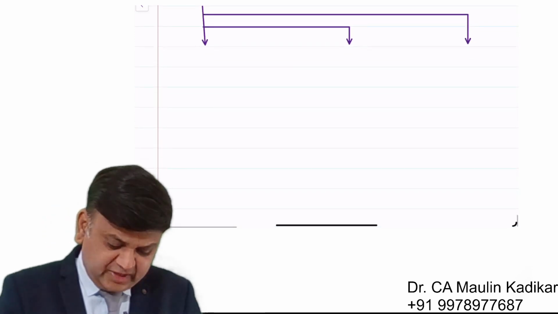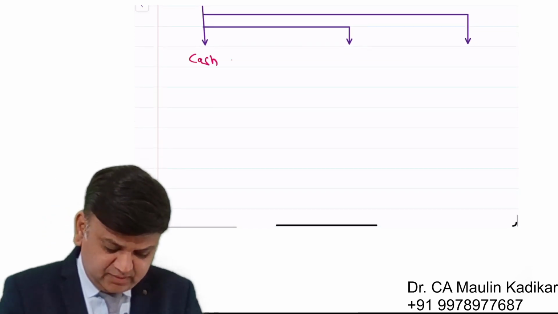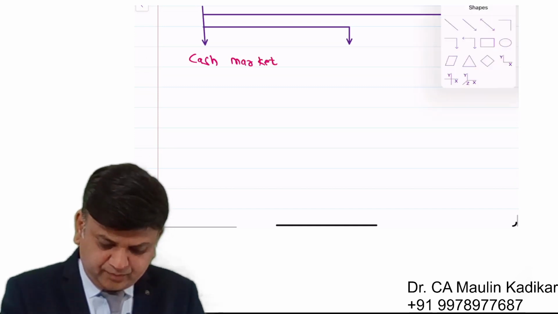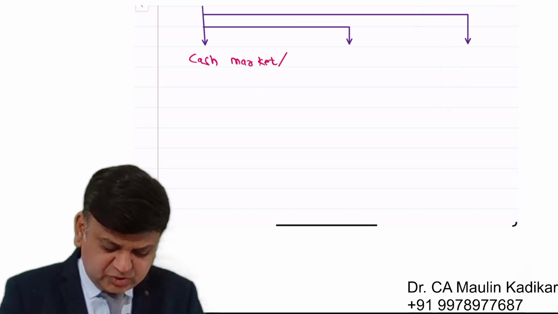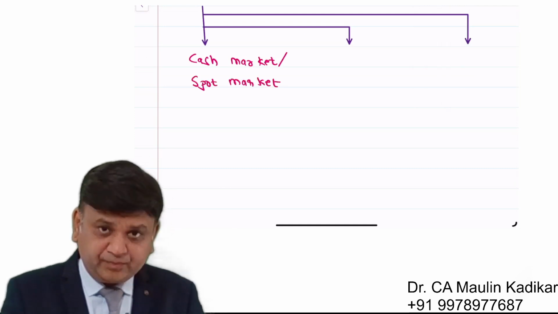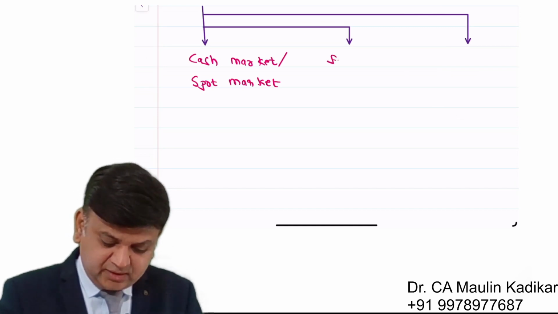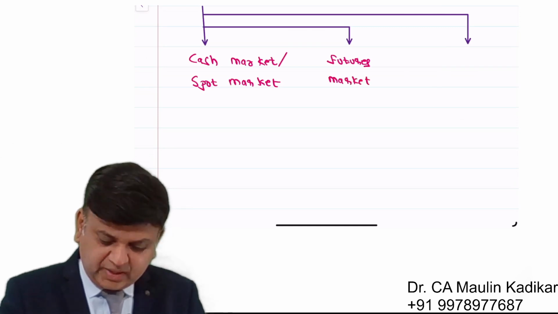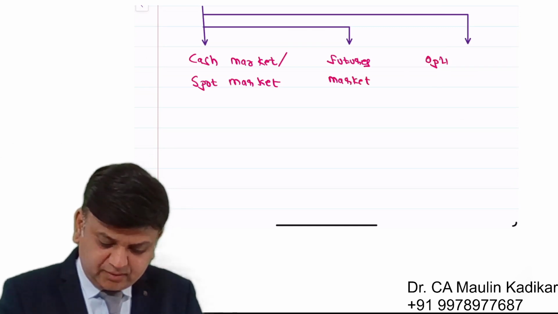There is a term that we understand as cash market. It is also considered to be spot market. Then there is futures market, and there is option market.